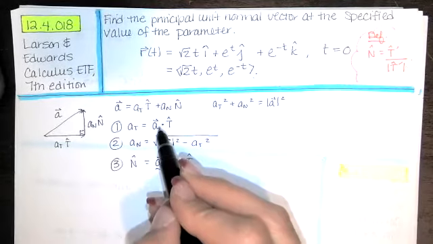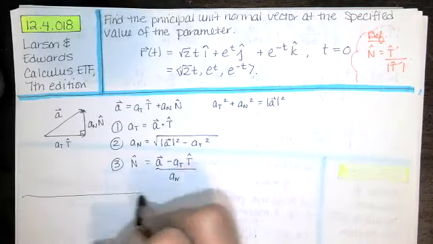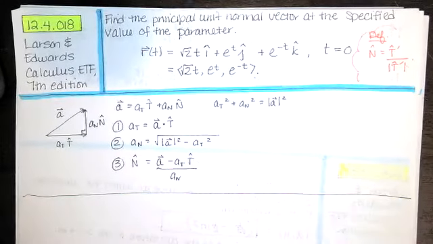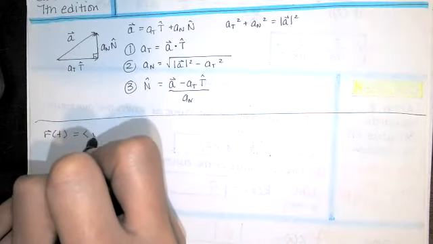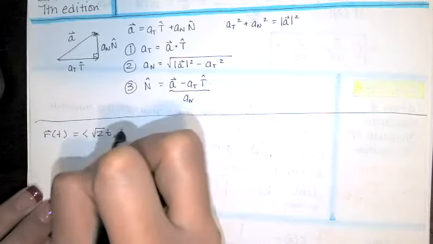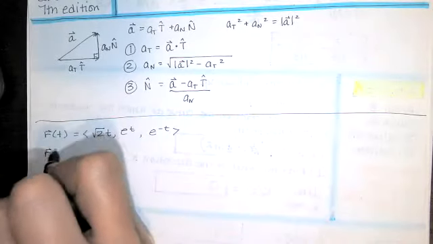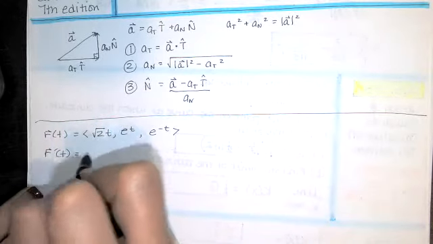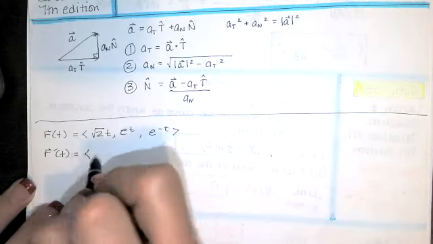But to compute this one, we need acceleration and the unit tangent vector. So we'll start with that. My r of t can be written this way in component form. R prime just comes from taking the derivative component by component.